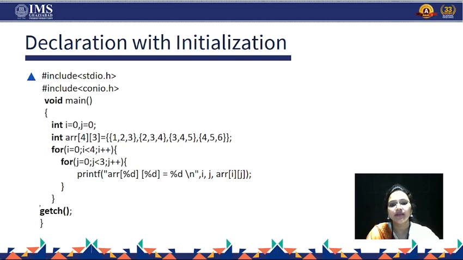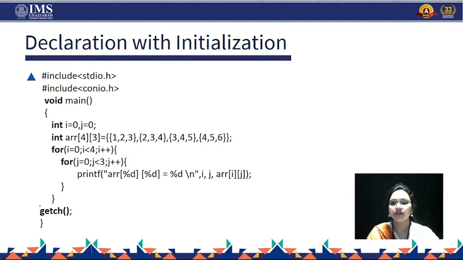That means the element I have stored in that place. After that I have closed all curly braces, and as you know, getch is used only to hold the screen. So after running this program, let's see what you will get.